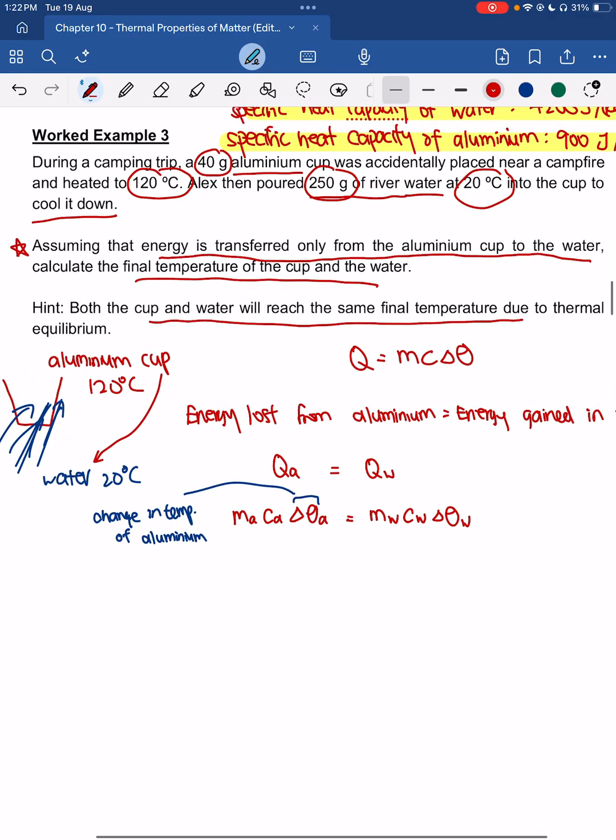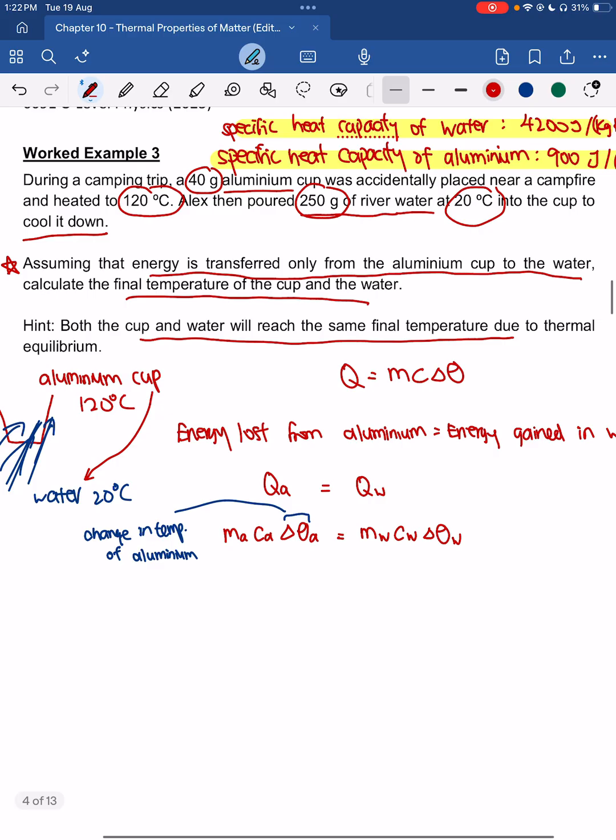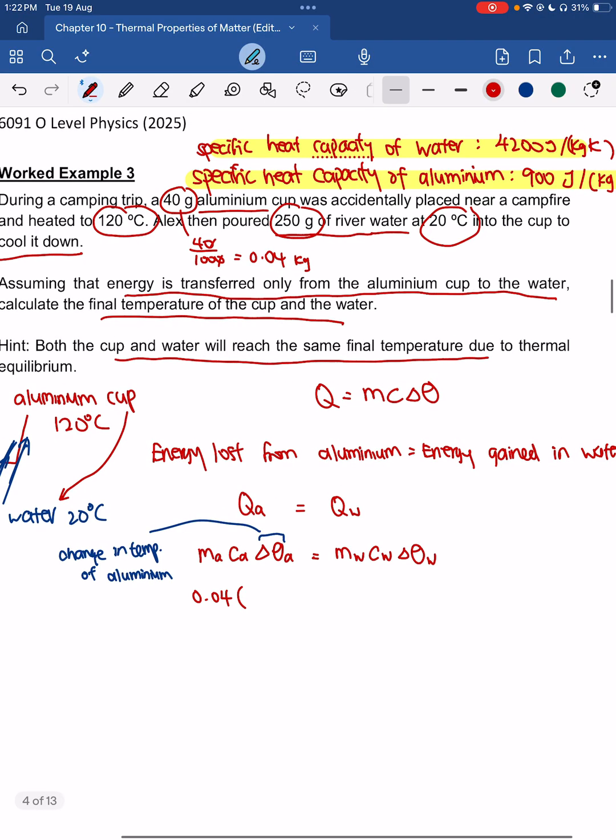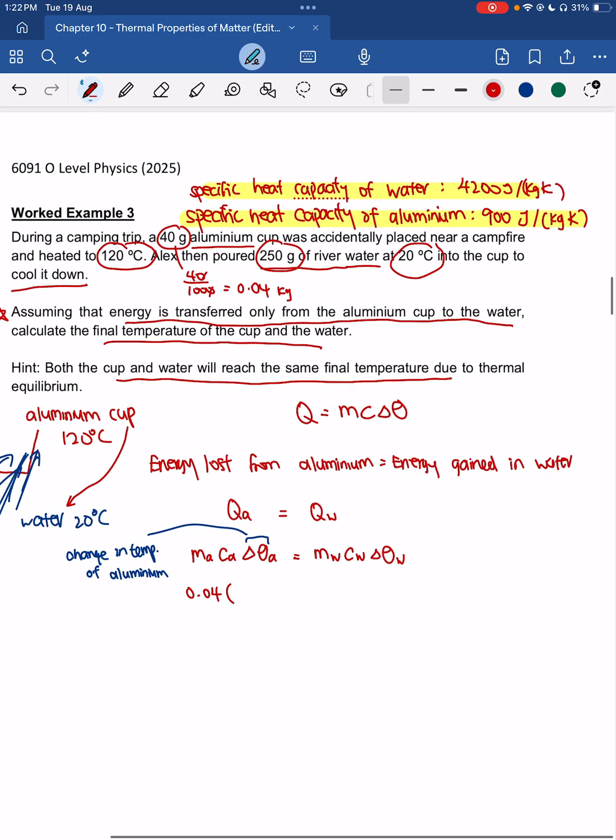The mass of aluminium is 40 grams, so I need to convert that into SI units: 40 grams divided by 1000 gives 0.04 kg. So 0.04 multiplied by the specific heat capacity of aluminium, which is 900.